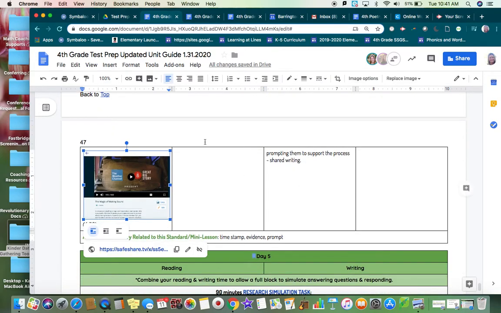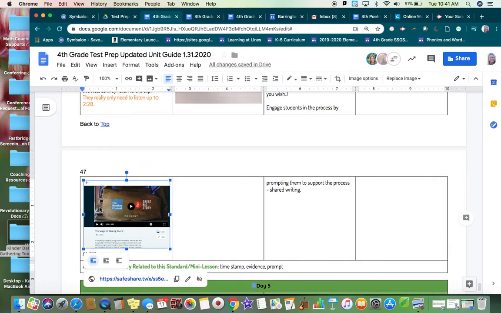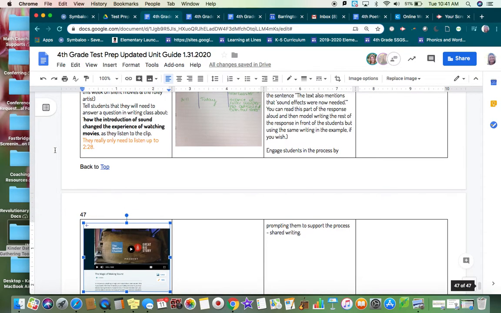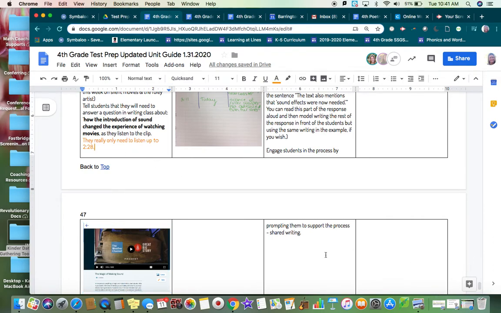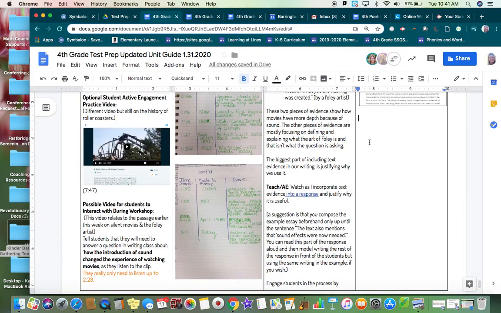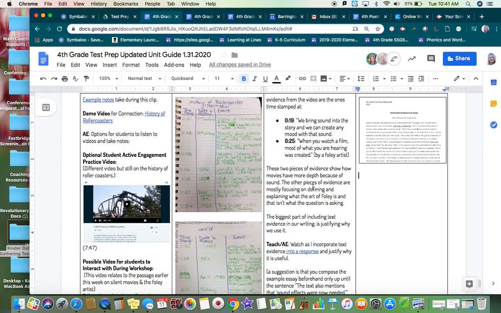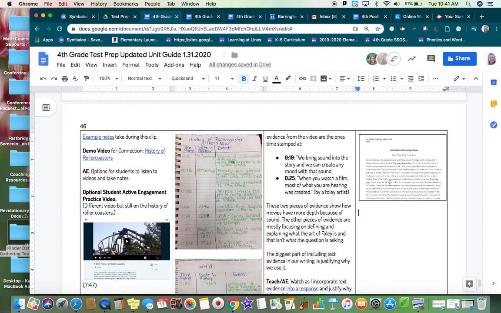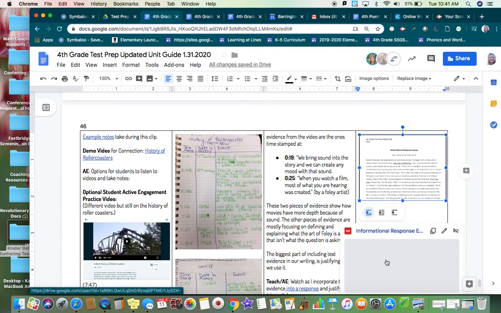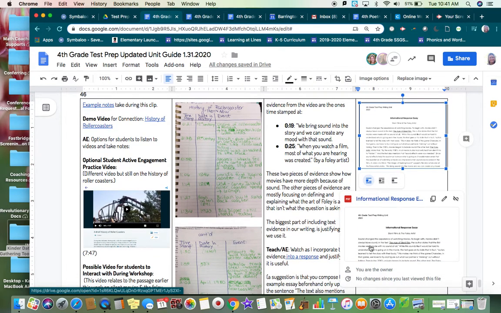So they watch this film and it gives you clues as far as what needs to be pulled and what would be purposeful, so you can check in with students on how well they're doing with this. And then they can, oppositely, on the right-hand side of things with writing, write a prompt using that text evidence. And here is an example of that prompt already ready for you to go.